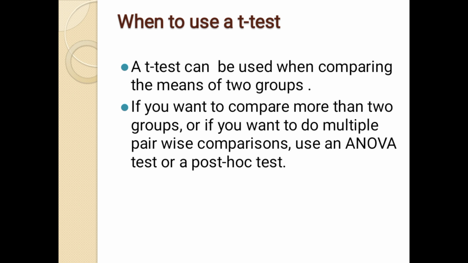So when we compare means of only two groups, then we go for a t-test. If we have more than two groups, then go for the ANOVA test or post hoc test.